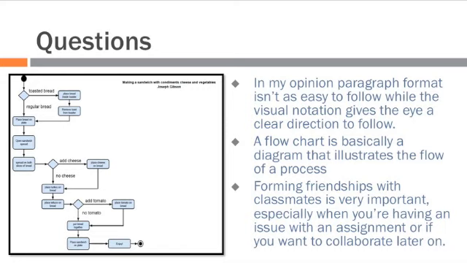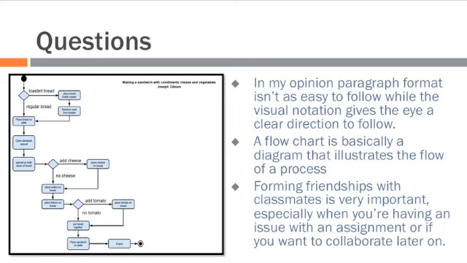I guess it's easier to get lost and try to figure out where the actions and decisions take place when you're trying to read through a process in paragraph form, as opposed to when you're looking at it visually, like these flowchart diagrams that we have, where you have your arrows and you have your symbols that give you a clear direction of where you're going next.